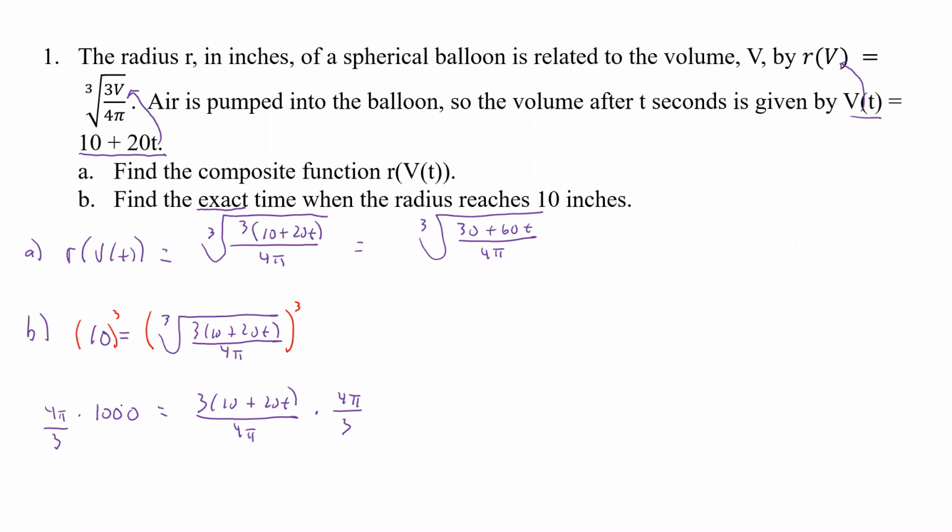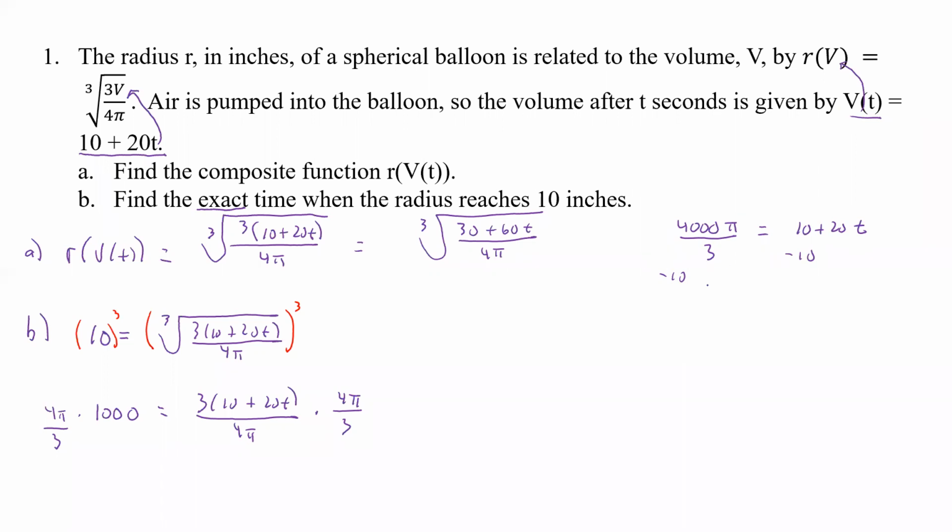that would get rid of it because that 3 would cancel, the 4 pi's would cancel. And so then what we have, let's move up here so I have room. I'd have 4 pi times 1,000, so that would be 4,000 pi over 3 is equal to 10 plus 20t. Okay. All right, now what do we do? Well, now I'm going to subtract 10. Now, if I put that all together, I need to get a common denominator, or if I wanted to leave it as is, I could do that as well.